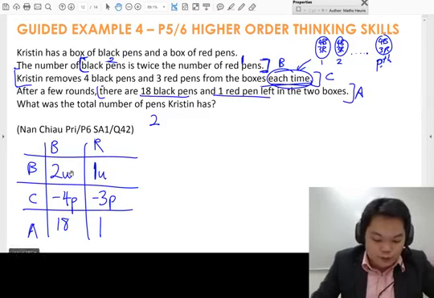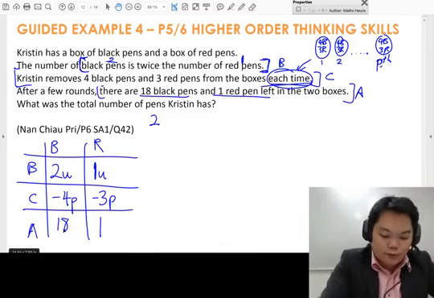So let's try out the 2 statements first. 2 units minus 4 parts is equal to 18. The second one will be 1U minus 3 parts is equal to 1. Once we got that, we want to find the total number of pens that Christine had.